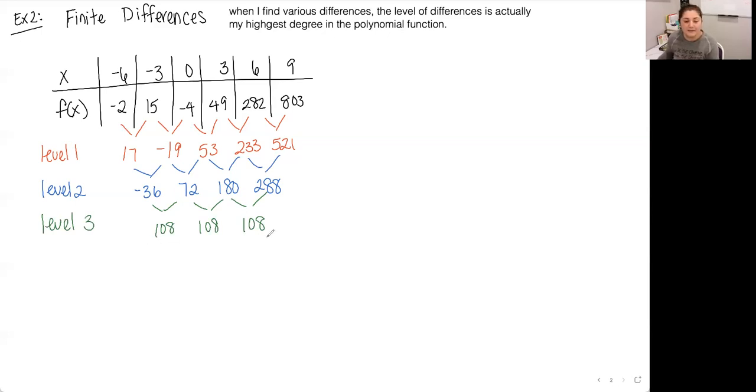So now when I look at these three and see they're all the same difference, I know that my polynomial function, whatever that function may be, is going to start with f of x equals ax to the third plus bx squared plus cx plus d. It's going to have this format right here. Now a, b, c, and d could be zero values or non-zero values, so long as my highest exponent, my degree, is actually 3.